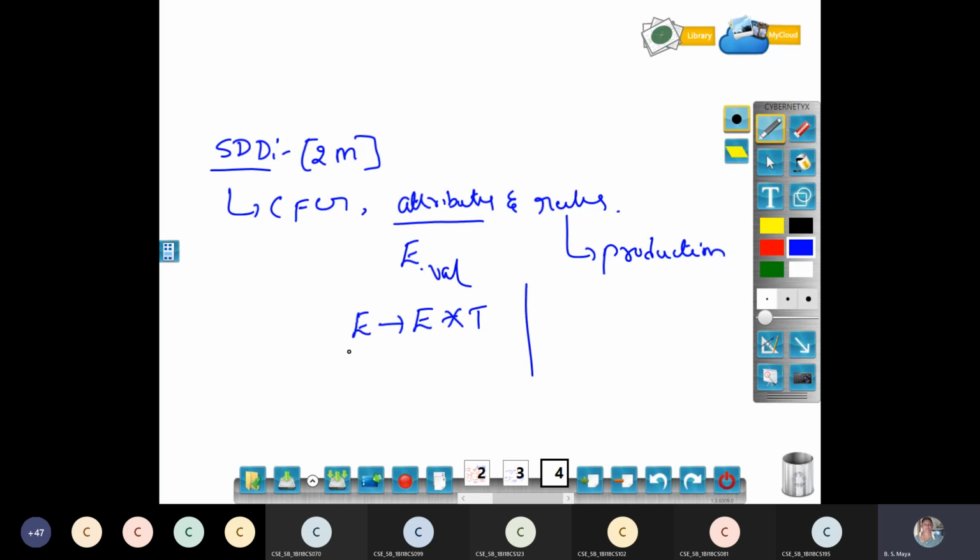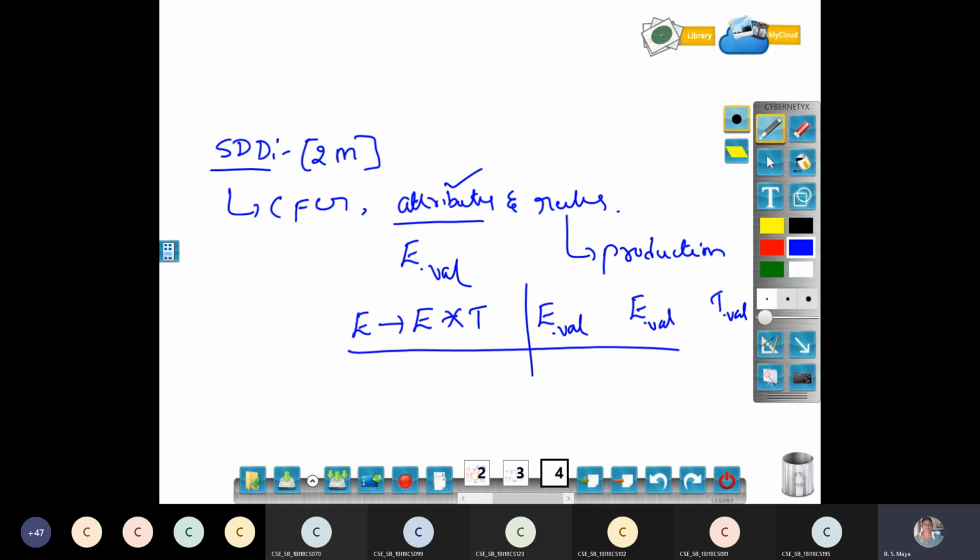To write this for your SDD, I have to write attributes also, for all the grammar symbols.